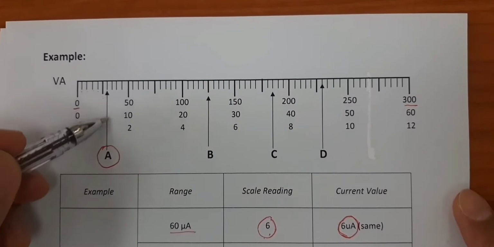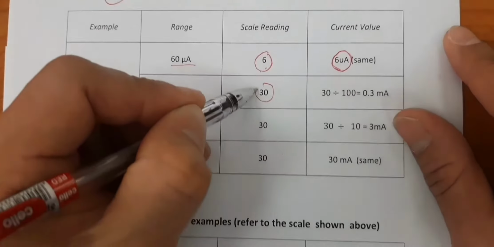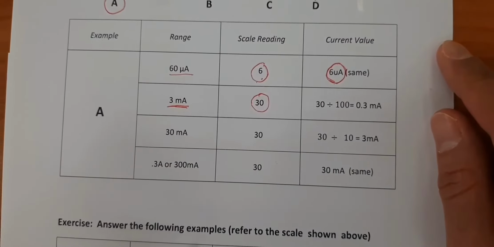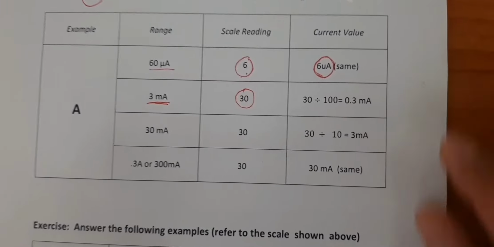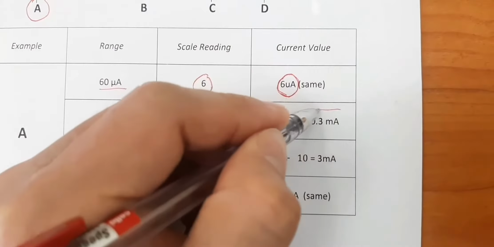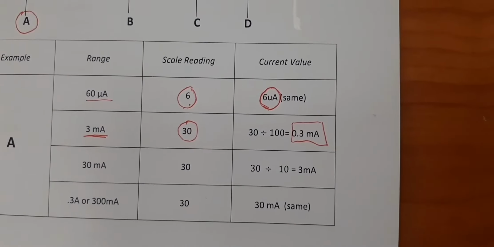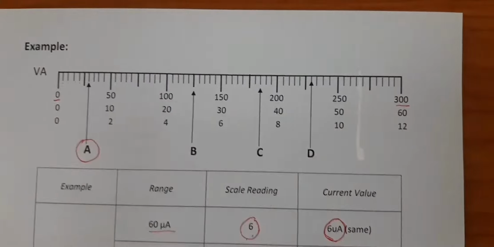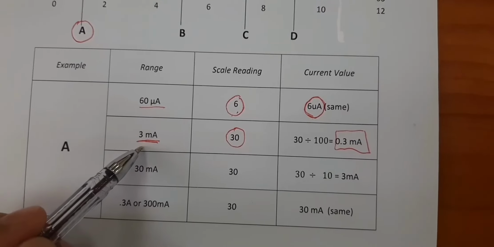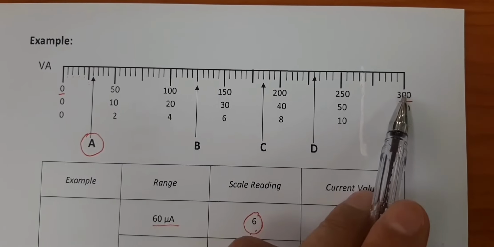This pointer points to 30. The scale reading is 30. So 30 divided by 100, we have a reading of 0.3 milliampere.